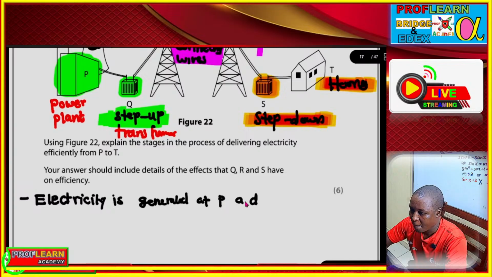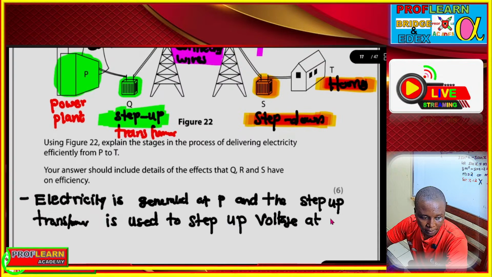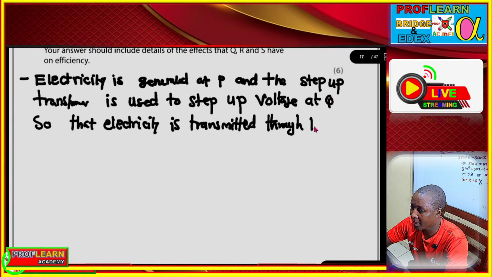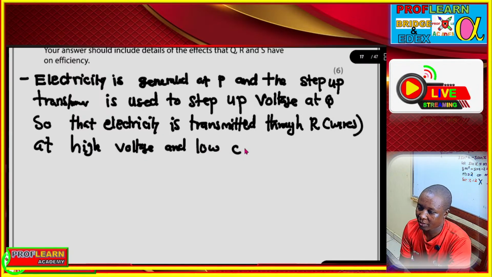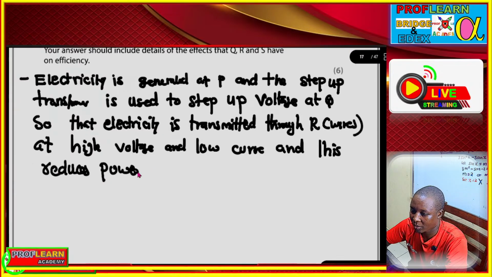Electricity is generated at point P, and remember, we need a step-up transformer used to step up voltage, so that electricity can be transmitted at high voltage and low current to minimize power loss. At this given point, high voltage and low current reduces power loss in the process of transmission.